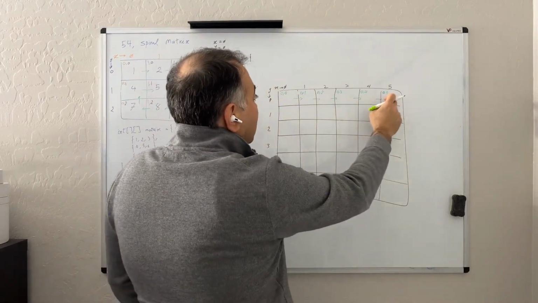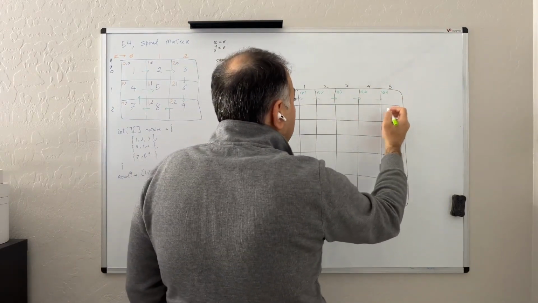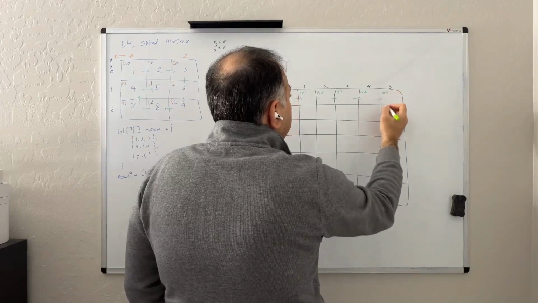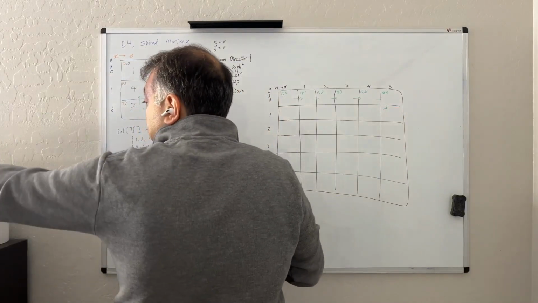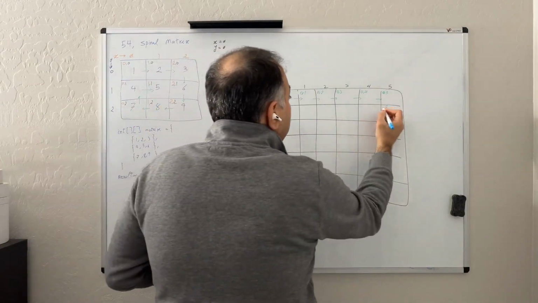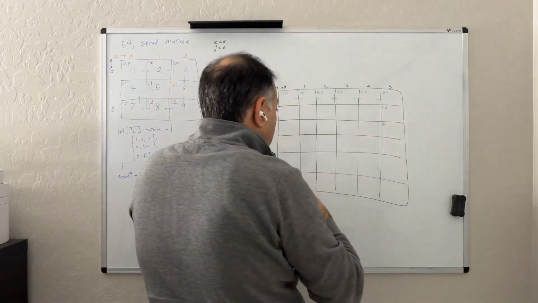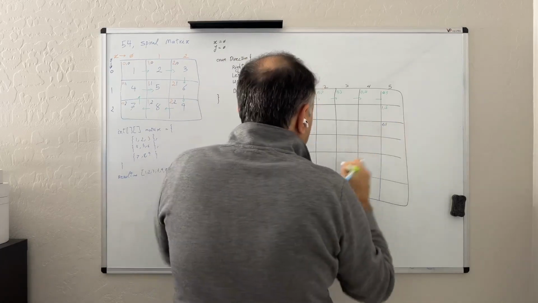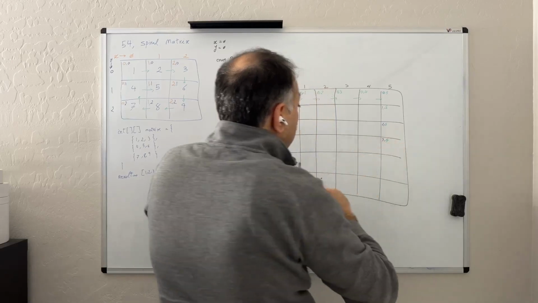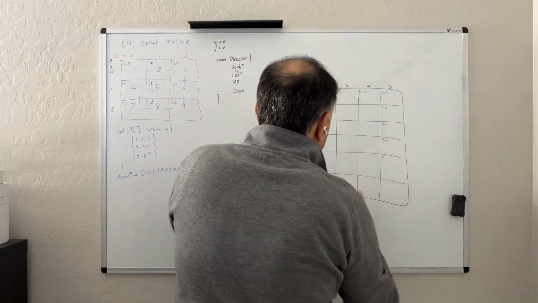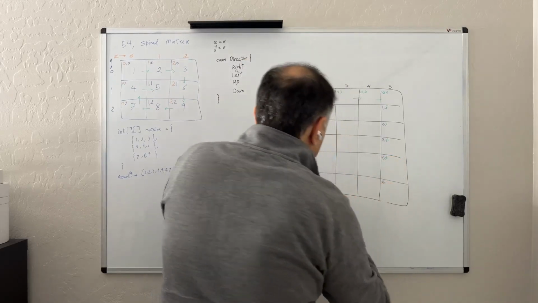And when I get to the last column, I need to change the direction to down. Then I keep the column and start changing the rows. This one will be row 1, column 5, row 2, column 5, row 3, column 5, row 4, column 5, row 5, column 5.